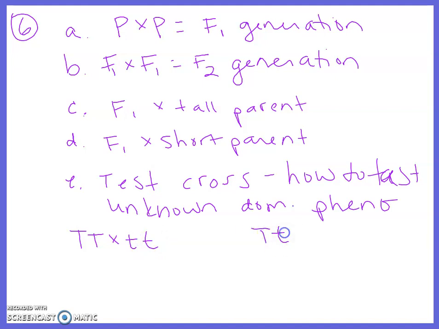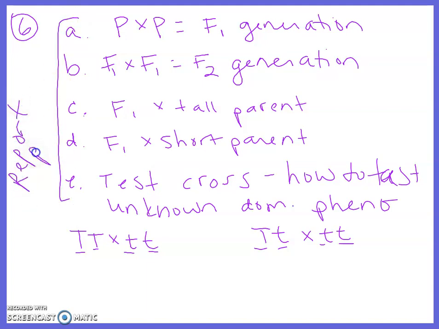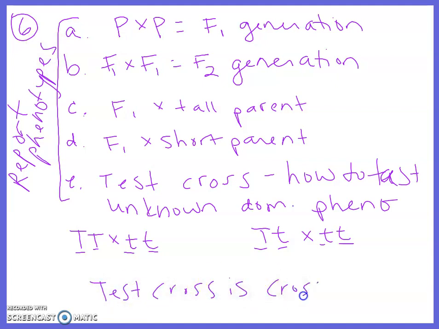And then you'll do heterozygous with a recessive. Whenever this happens, scientists use a recessive and cross it with an unknown dominant. For all of these, you're going to report the phenotypes of the offspring. So you want to report the phenotype ratios, or the phenotypes of the offspring. Okay? Again, a test cross is a recessive crossed with the unknown dominant.